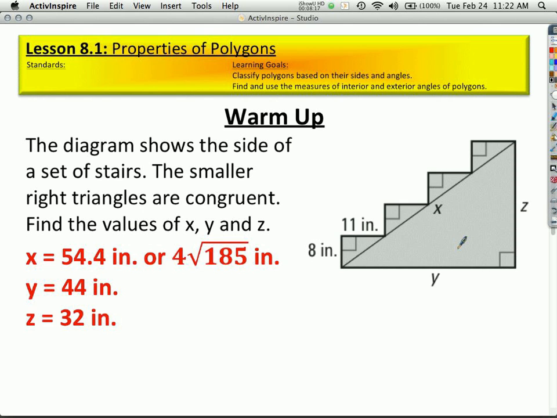Are you sure? No. Well, let me ask you this. Did you get the right answers? Yeah. Okay, so it worked. Okay. So, again, you took the 11 and multiplied it by 4 to get the y.